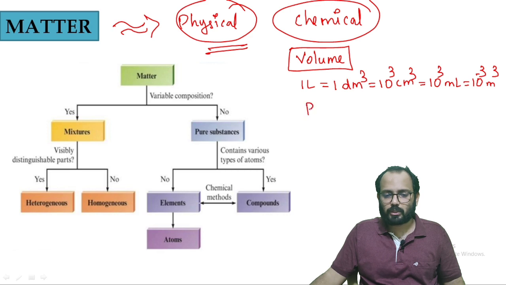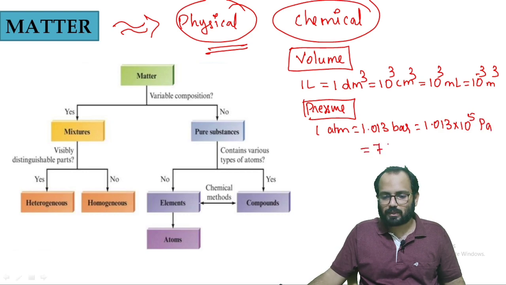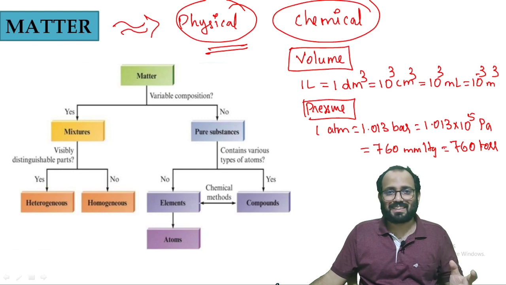If we go with the pressure conversion, what is it? 1 atm is equal to 1.013 bar, which is equal to 1.013 into 10 power 5 pascal. That is equal to 760 mmHg, equal to 760 torr, equal to 76 cm of Hg, and it will go on.